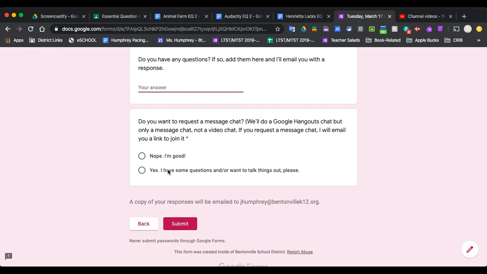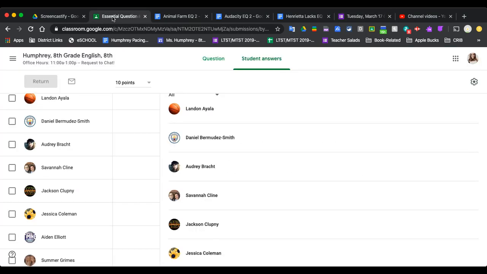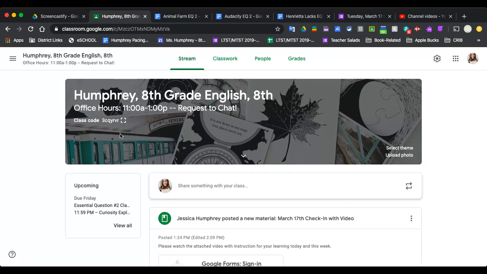This is like your seminar pass, if you wish you had a seminar pass and could just come and talk about something. My office hours say 11 to 1 to request to chat, but for the most part, I'm not going anywhere, guys. I'll check emails fairly regularly, and I'll be checking the Google Forms to make sure everyone's checking in and doing okay.